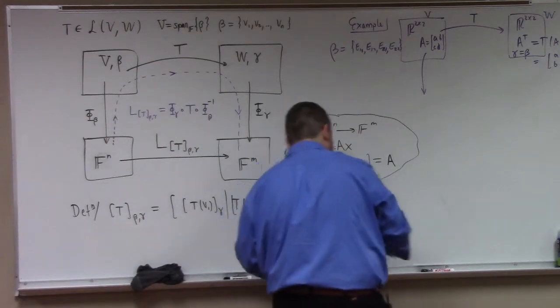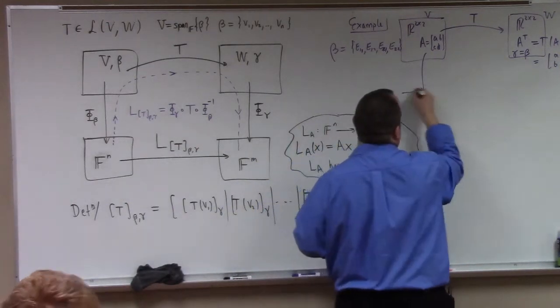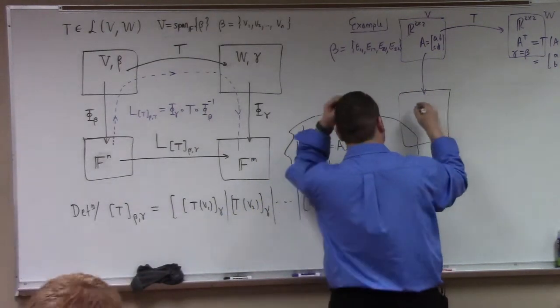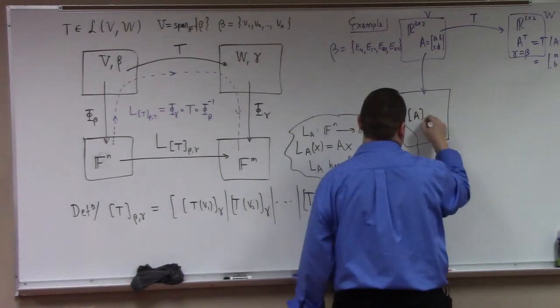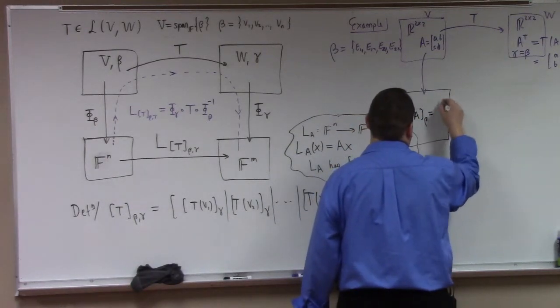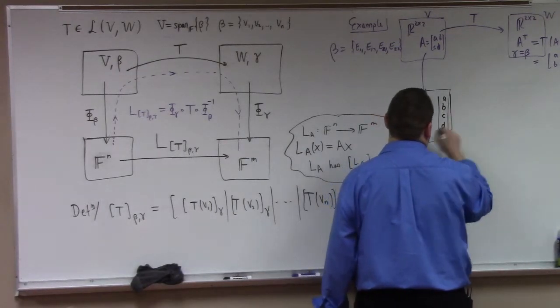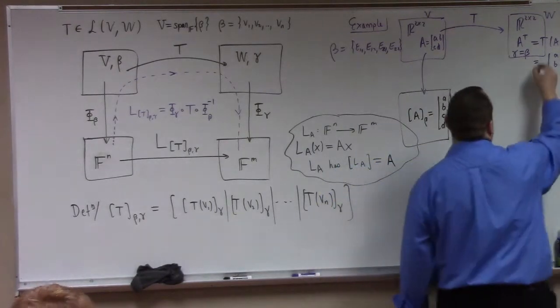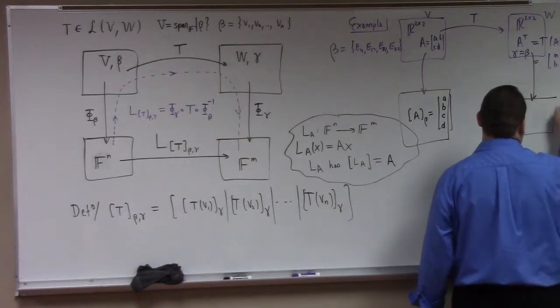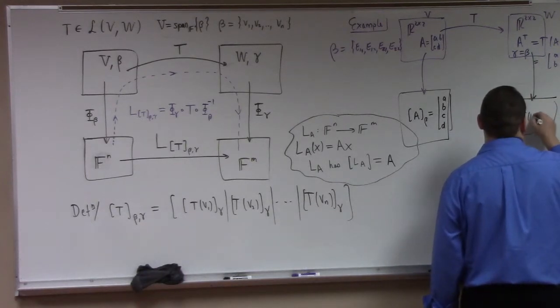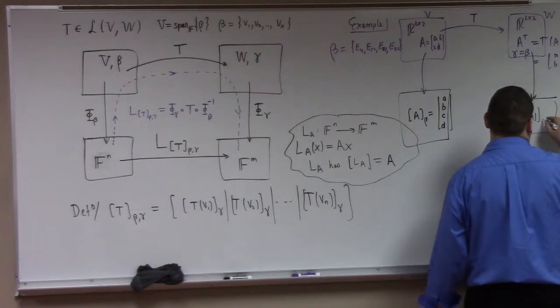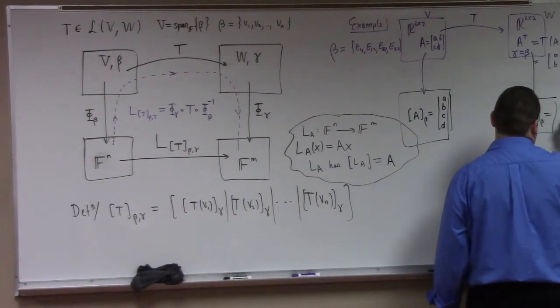If you look at that, the coordinate vector of A with respect to the beta basis is what? A, B, C, D. All right. Over here, the coordinate vector of T of A with respect to the gamma basis, which here is beta, is what?